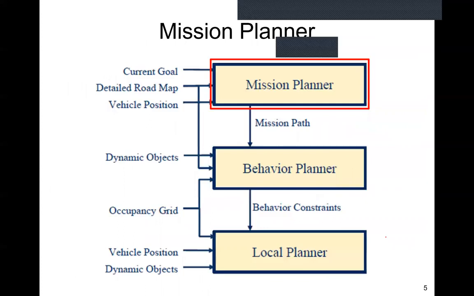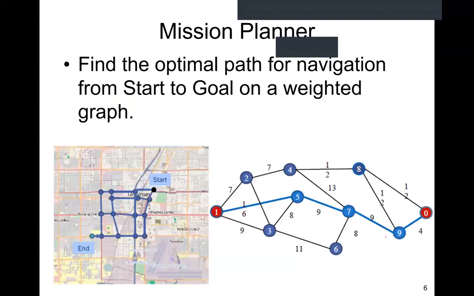So let's first look at the mission planner, which takes as input the current goal, detailed roadmap, and vehicle position, and gives out a mission path. So the mission planner is to find the optimal path for navigation from start to goal on a weighted graph.